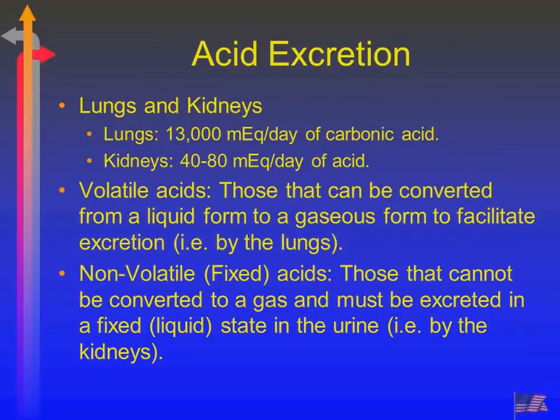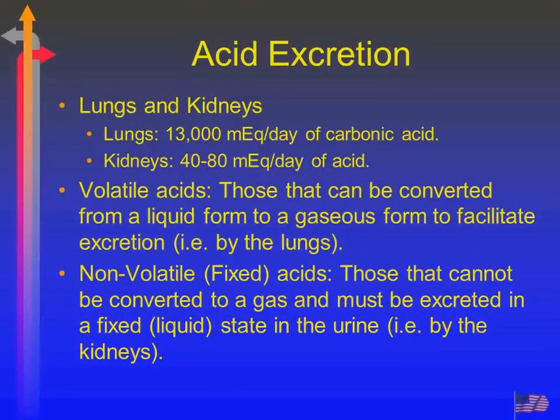There's a very limited amount of acid that is excreted through the kidneys. There is some, but not a lot. Far more is excreted through the lungs, with that acid specifically being carbonic acid. Carbonic acid is really the only volatile acid in the body.